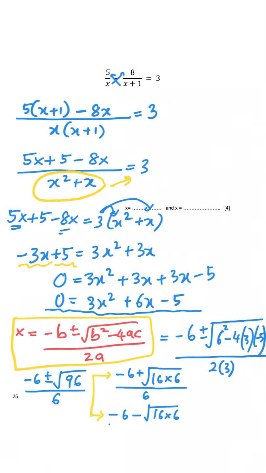How do we get 16? 16 times 6 is 96. Why I chose 16? The square root of 16 is 4. So what will happen here? Negative 6 plus 4 surd 6 over 6. Another one, negative 6 minus 4 surd 6 over 6.